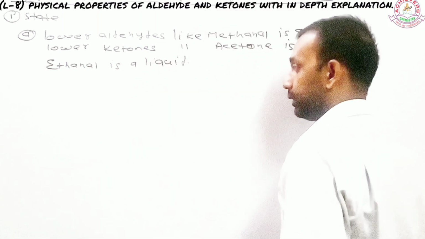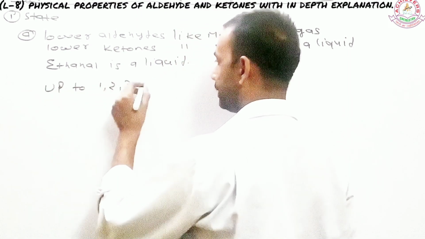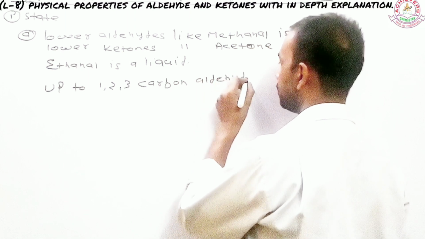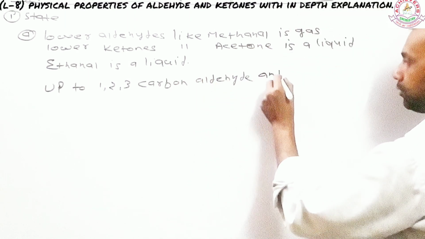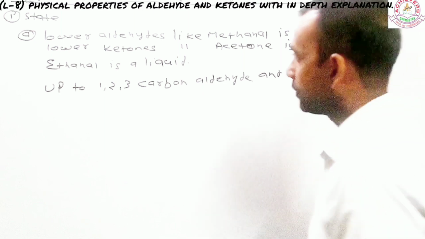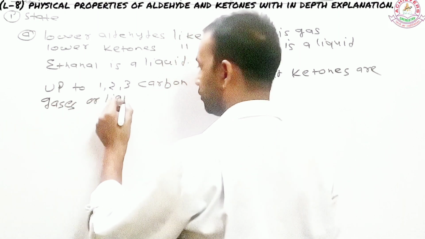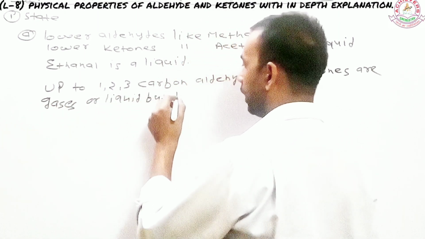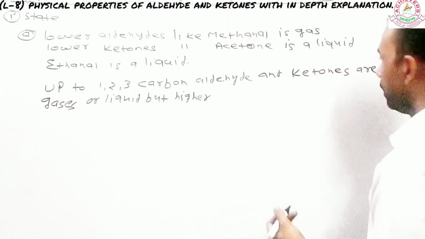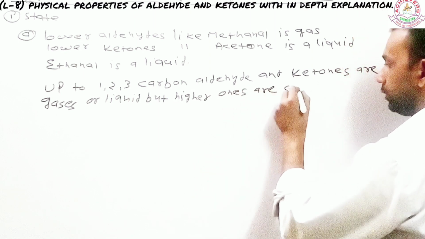So what I'm trying to say is that aldehydes and ketones with up to 1, 2 and 3 carbons are gases or liquids, but the higher members, with more than 3-4 carbons, are solid.